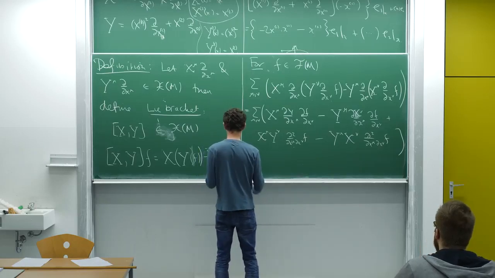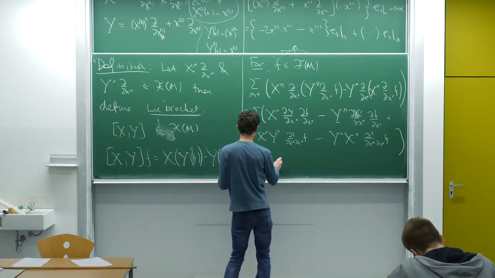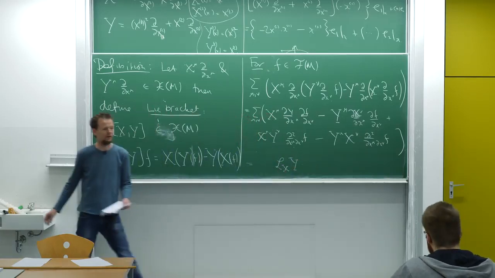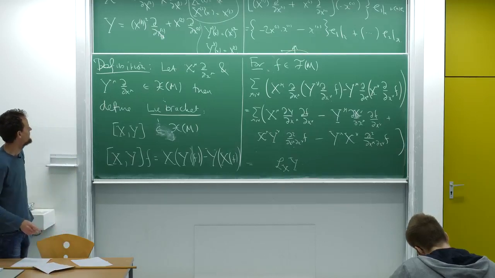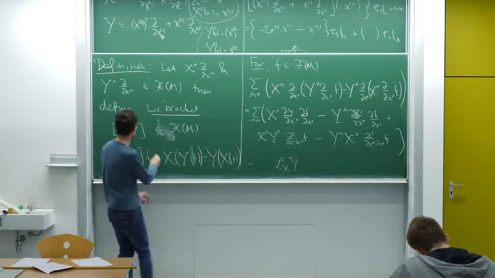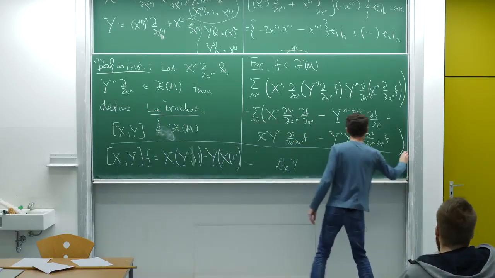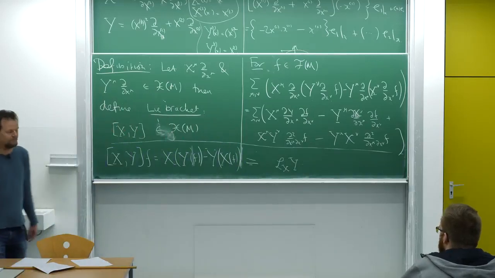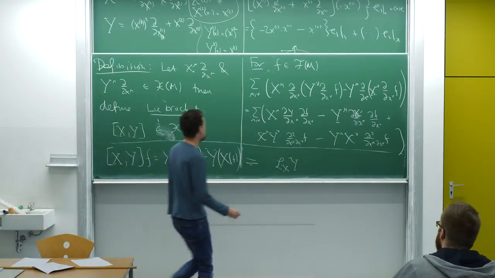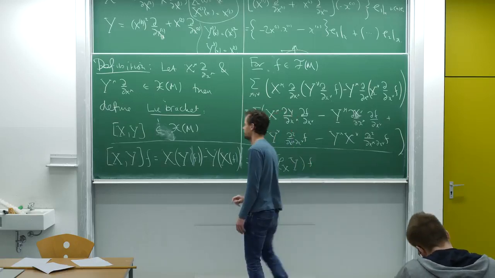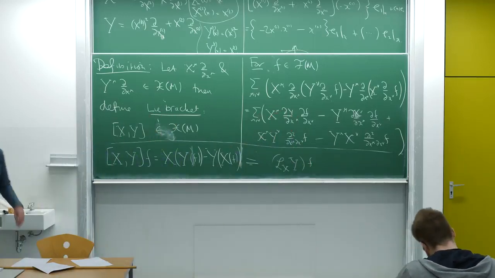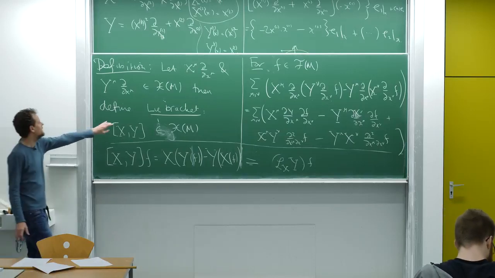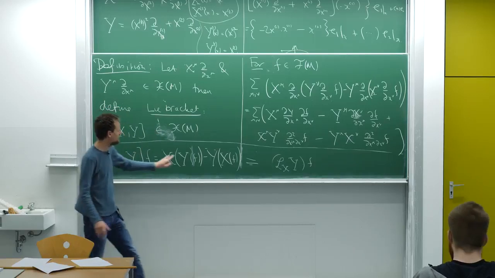And we're left with something quite familiar, namely L_x y, L_x y on f, of course. So now we see why we call this the Lie bracket. It's called the Lie bracket because it's equal to the Lie derivative.